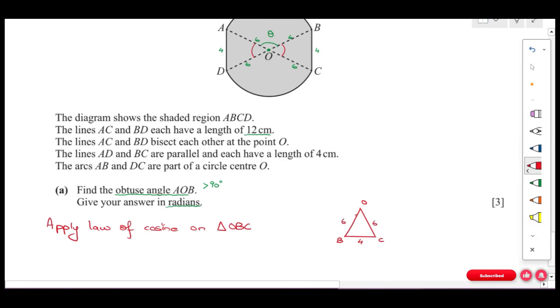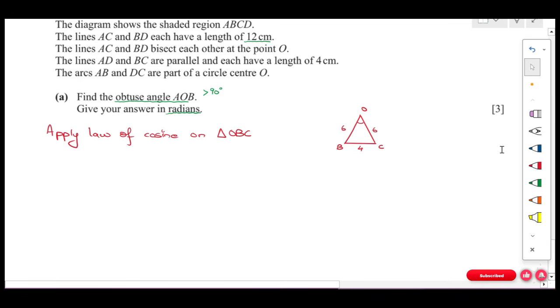These are the radii. We need to solve for this angle. To solve for angle O, its opposite side is 4, so we can say 4 squared equals the rest of the two sides, 6 squared plus 6 squared, minus 2 into 6 into 6 and cos of the angle between them, which is O, right?